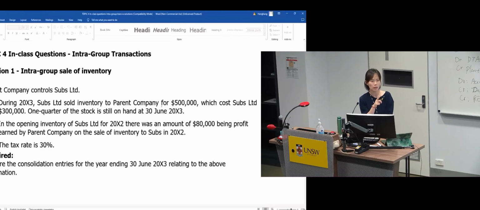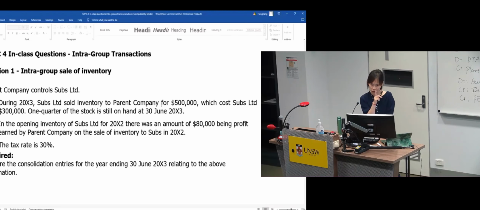And then the second step, adjusting the carrying amount of inventory on hand. Your adjustment is based on the unrealized profit contained in the closing balance of the inventory. So what is the credit adjustment? Credit inventory for the amount of 200,000. Are you sure? Are all these inventories still on hand, or only part of them?